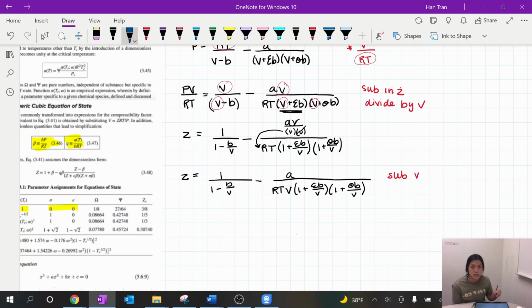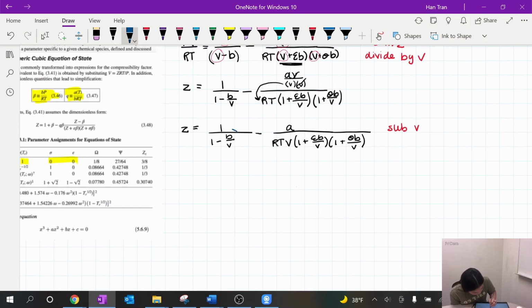We're going to do this step by step so that we can see how we get to the next equation. We're going to start at this V here. If we have the parameter B divided by the specific volume, we're going to replace the specific volume with the gas constant R times temperature times the compressibility factor divided by the pressure. This would be the same as multiplying by the reciprocal, so we would be left with the parameter B times the pressure divided by the gas constant R times temperature times the compressibility factor.